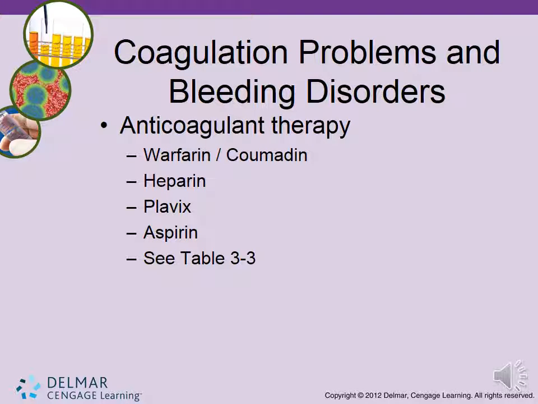We'll talk about bleeding disorders later on in this section, or actually you'll read about them. But most coagulation problems that occur have to do with the formation of clots.